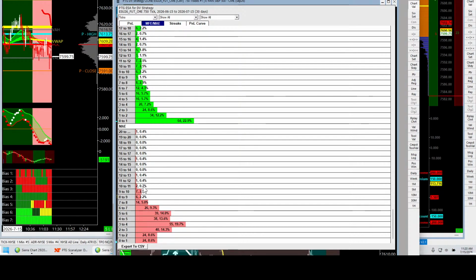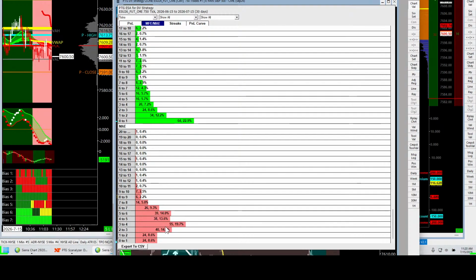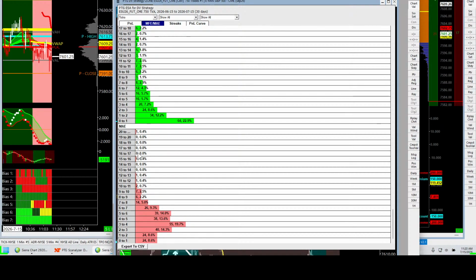You can see that with the current volatility, if you put your stop 3 to 4 points, 4 to 5 points, or even 5 to 6 points, what's going to happen? You're going to get stopped out a quite large number of times. So maybe that's not the best place to put your stop. Again, this is just an example, not meant to be accurate data to put a trade on.